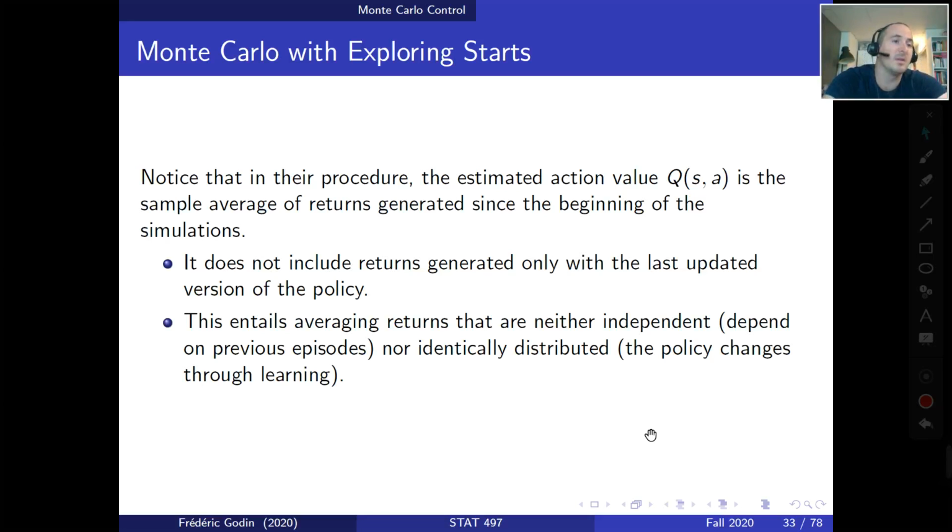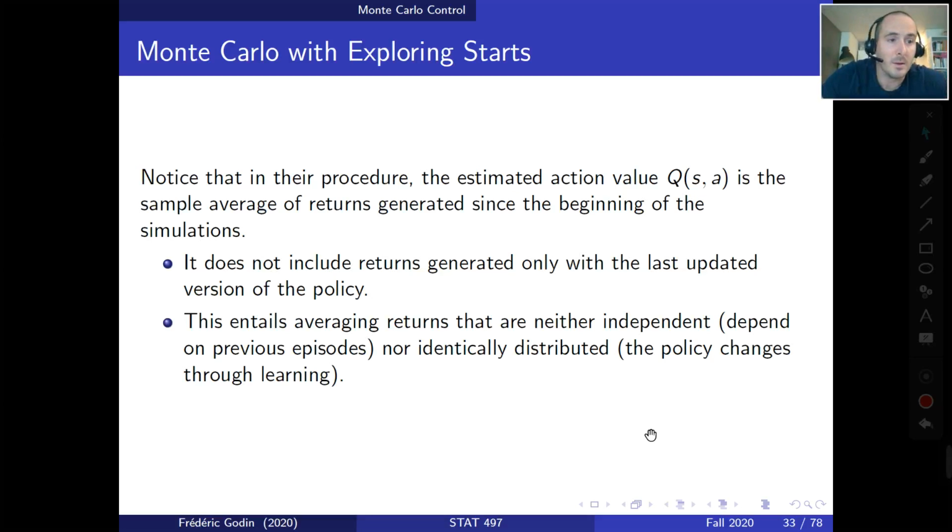And moreover, not only do they not have the same distribution, they're not independent either, because the outcome of an episode will influence your next policy estimate, which is used to select actions in your next episode. So clearly, there is some dependence between the various episodes. So when we estimate the action value function, we are averaging returns that are not independent and not identically distributed.